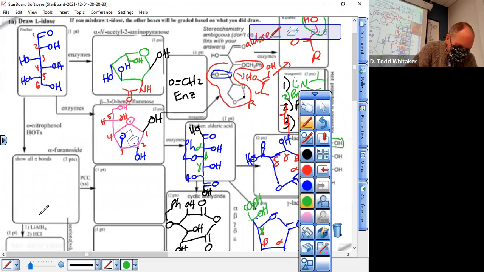And moving along, singing our song. We're already at overtime here. We have to draw alpha furanoside, and here we have the beta furanose. So very similar. No benzyl on this one. So copy what you got here without the old benzyl.